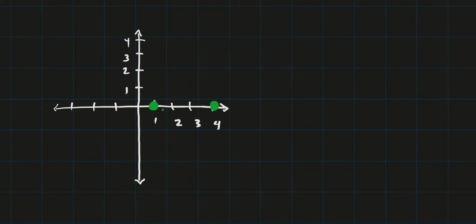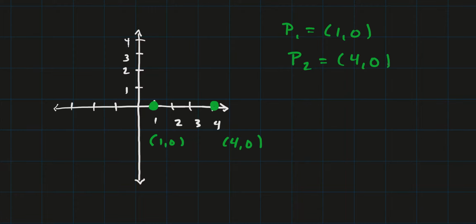First off, can you tell me what these points are? Just looking at them, you'll see that this point is (1, 0), and this point is (4, 0). Let's say P1 is (1, 0). This is going to be my first point, and P2 is (4, 0). I want to know what's the distance between these 2 points.